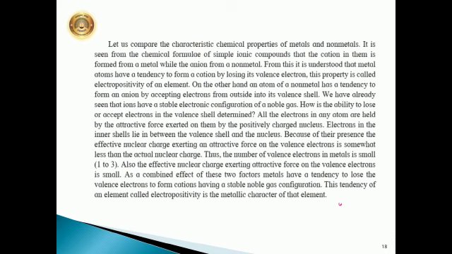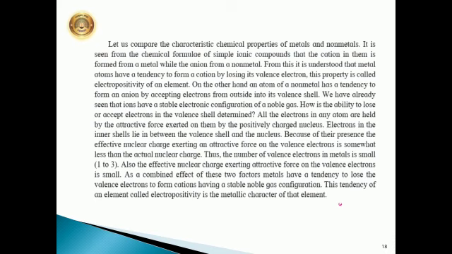On the other hand, the non-metal has a tendency to accept electrons. Previously we have already seen that ions have a stable electronic configuration of a noble gas. All the electrons in any atom are held by the attractive forces exerted on them by the positively charged nucleus.